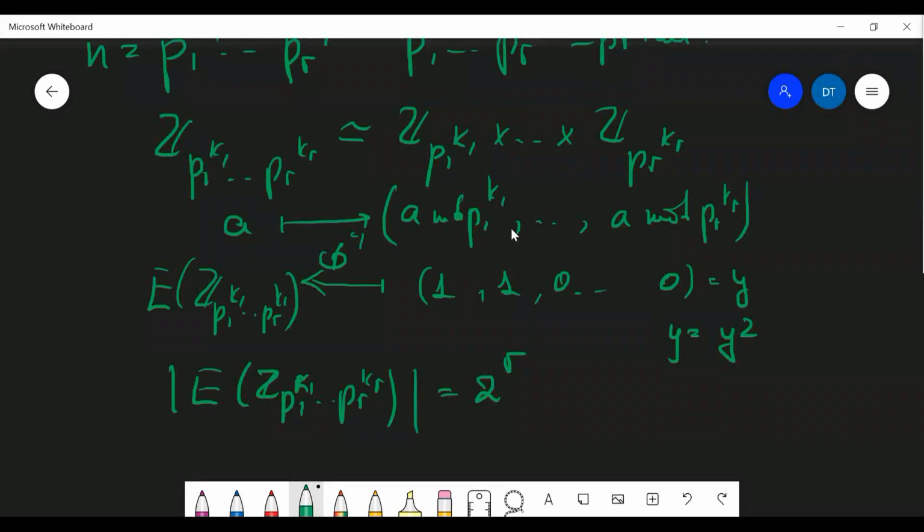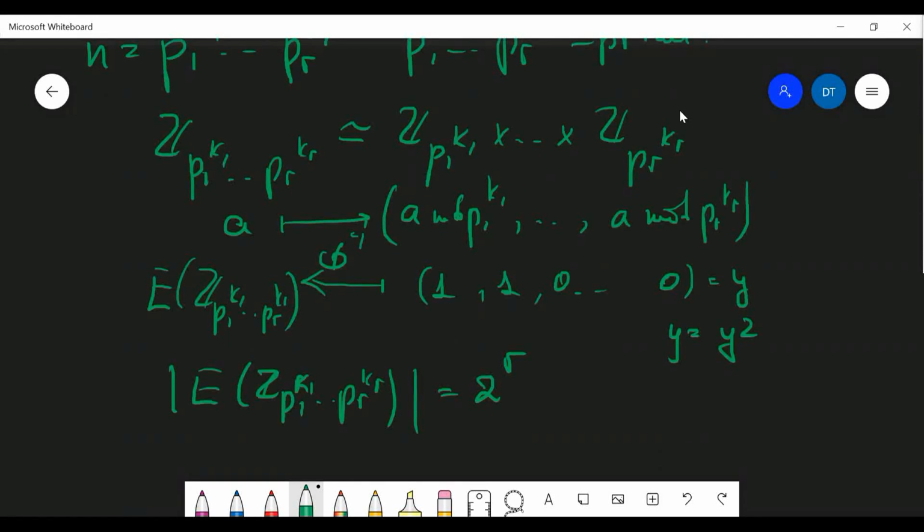So if you find all idempotents of the right-hand side and apply the inverse isomorphism, you will get all the idempotents on the left-hand side, because if you have an idempotent and apply an isomorphism, it remains an idempotent, and vice versa.